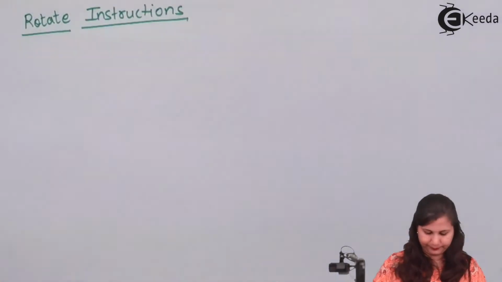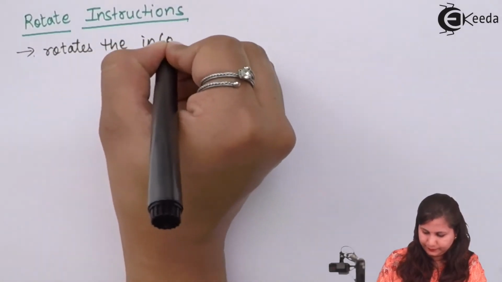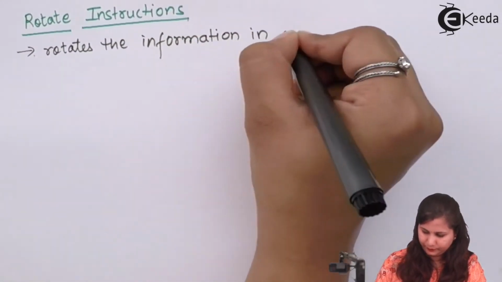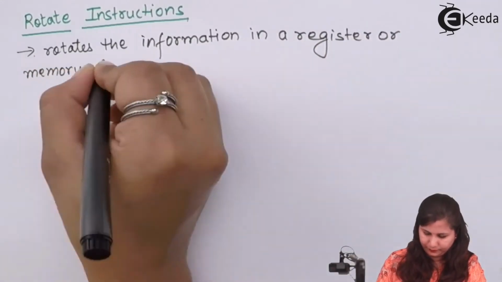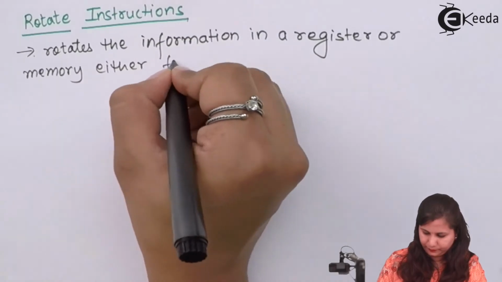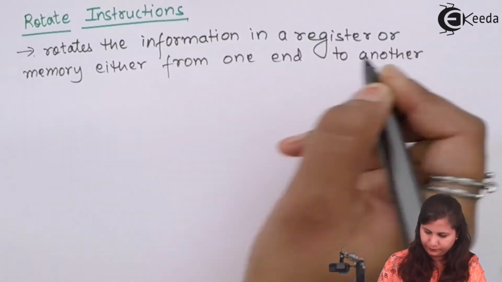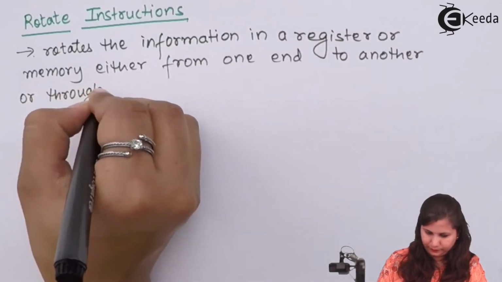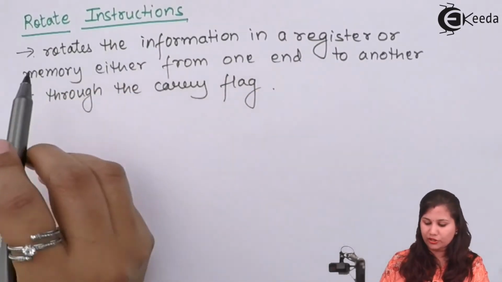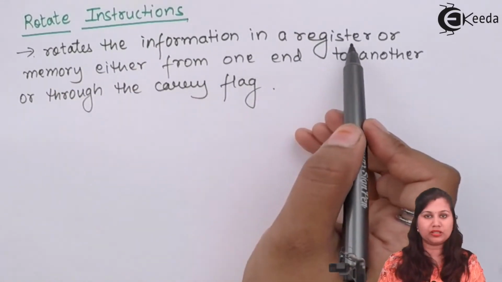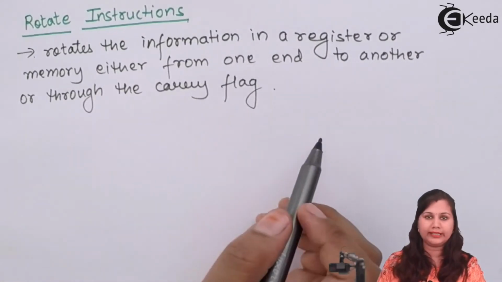So a rotate instruction rotates the information in a register or memory either from one end to another end or through the carry flag.